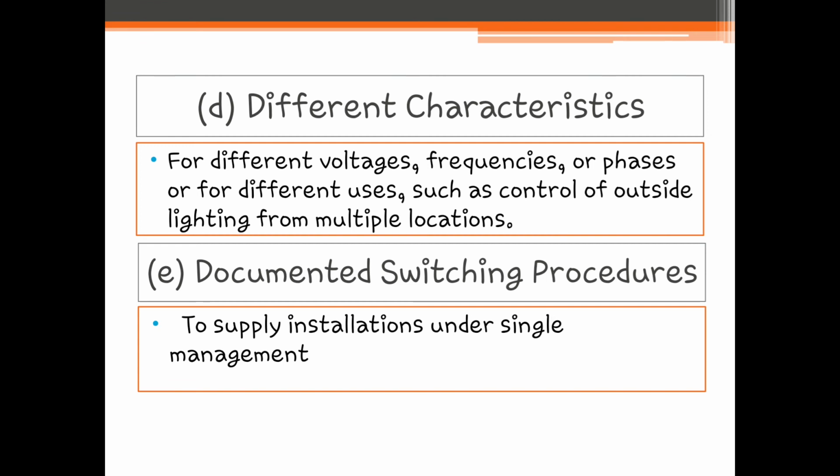Lastly, documented switching procedures. If documented safe switching procedures are established and maintained for this connection, then pwede ta magbutang og additional feeders or branch circuits sa mga supply installation bahalag under pa na sila sa single management.